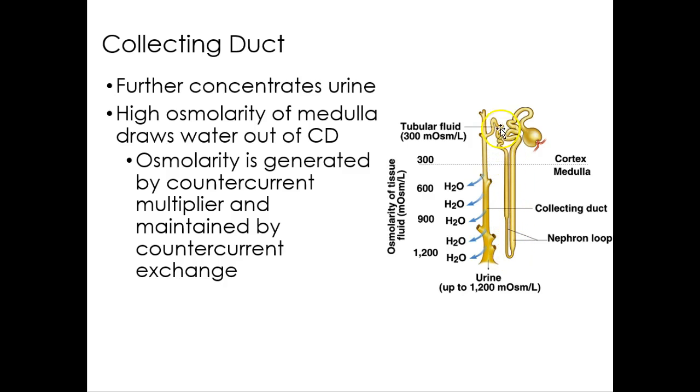The distal tubule will be controlled by some hormones, but we have still one more chance at getting water out. Water is so hard to come by that we want to get as much water out as we can. So we have one more chance at the distal tubule, or the collecting duct, to pull water out.